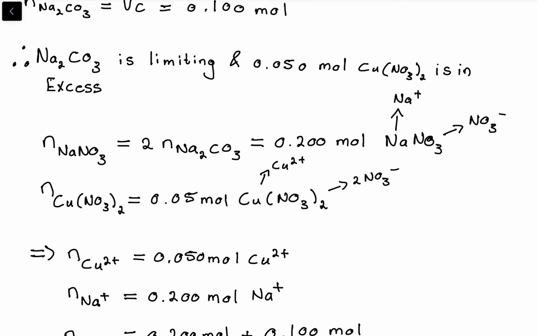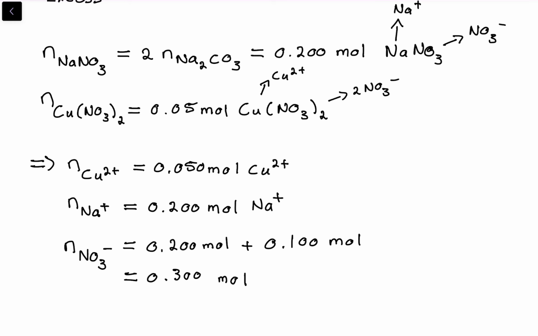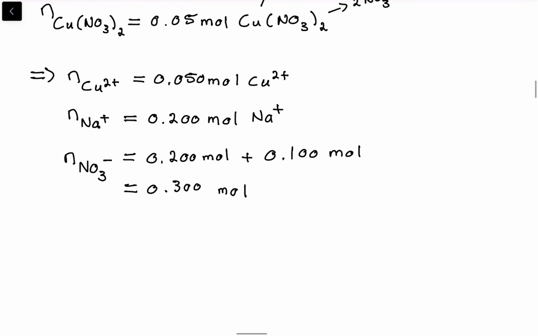In other words, if we have 0.05 mole of copper nitrate, there will be twice that amount of nitrates present from that amount. So in other words, 0.1 mole. And then we just sum those amounts. So copper, the only place is the excess amount. And sodium, the only place is the sodium nitrate. But the nitrates come from the excess plus the sodium nitrate that's formed. Okay, and hence it is 0.3.